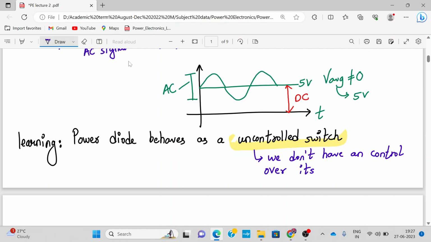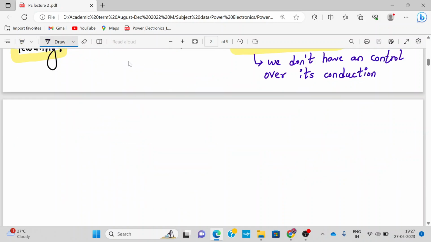So let me explain you with an example. Let's take a half wave rectifier circuit and apply a power diode to it. So the power diode behaves as an uncontrolled switch. That's the learning which we have to prove over here. Alright. So let's begin with an example. Let's quickly draw a half wave rectifier circuit. It will have an AC input, one rectifier, and a resistor.